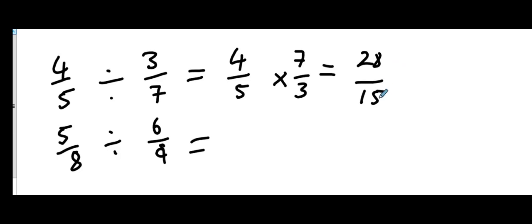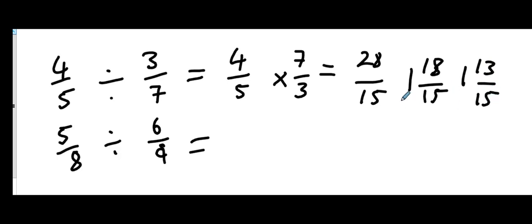We have a top-heavy fraction, so what we need to do is simplify this. 28 over 15. Well, there's 1 15 in 28, so we're going to have 1 unit, and then we're going to have 13 15ths as our answer. So I'll write that out better for you. 1 unit and 13 over 15 is our answer.